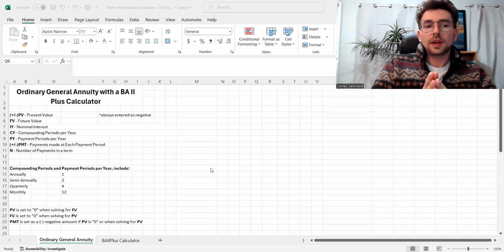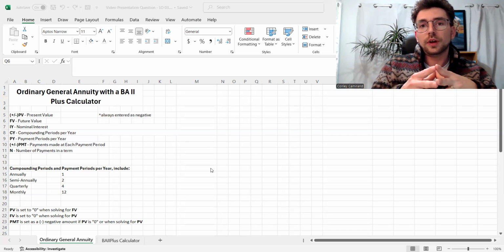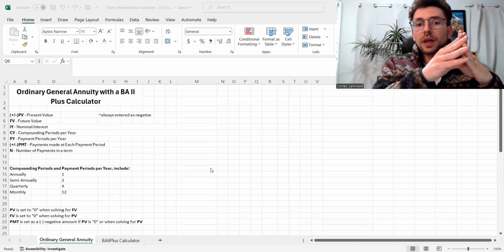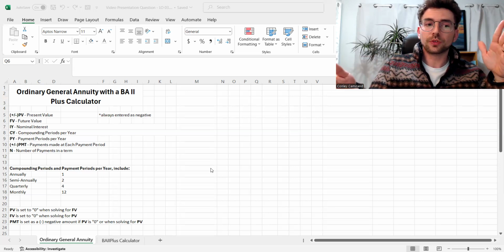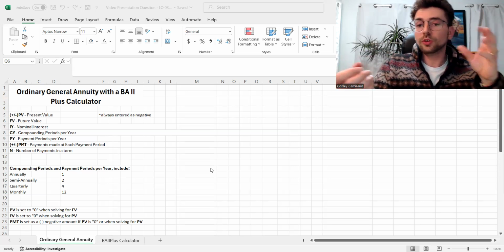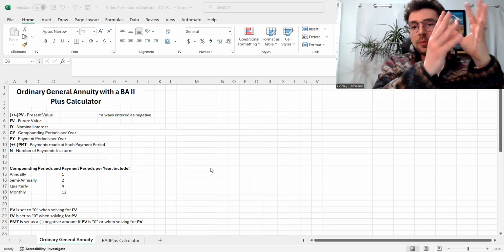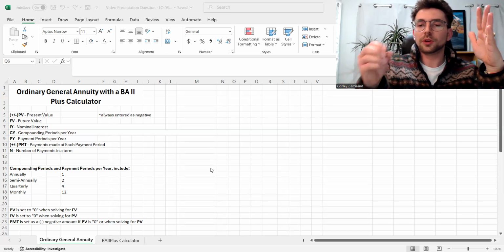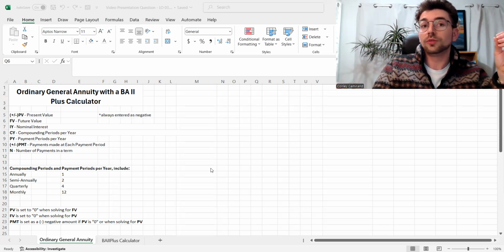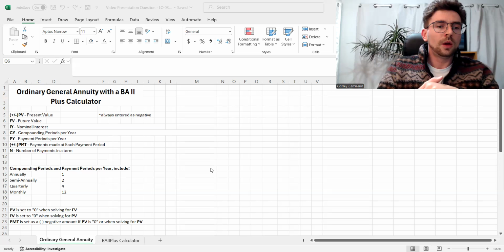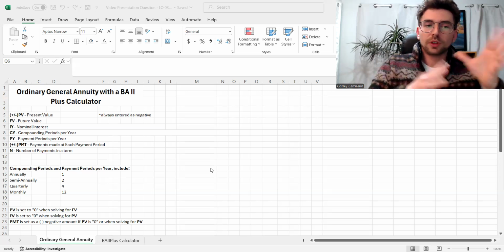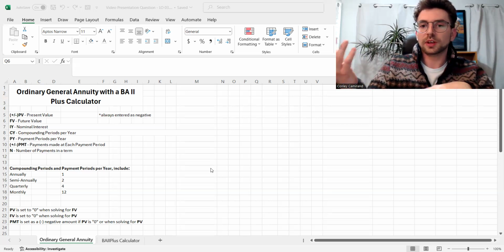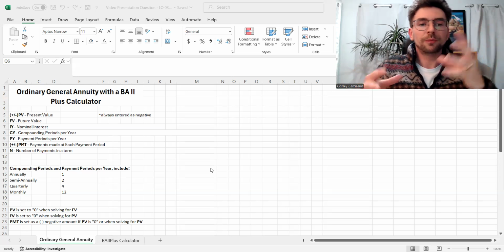Similarly, if we're solving for present value, then our future value is zero. We have a present value amount that we're solving for, making payments throughout those payment periods until we reach a future value of zero. Again, if present value is zero, then we're solving for a future value amount. If future value is zero, then we're solving for a present value amount.